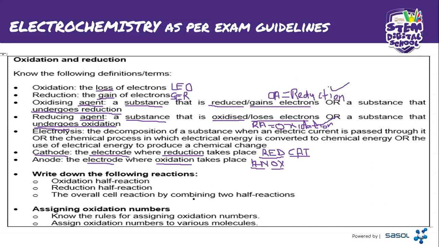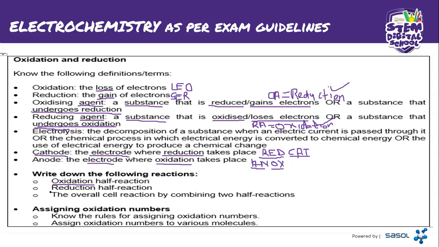Then we must be able to write down the following reactions. The oxidation half reaction. Remember now, oxidation, my dear learners, it is the loss of electrons. In other words, you must be able to show me a reaction where a substance is losing electrons altogether. And then the reduction half reaction.